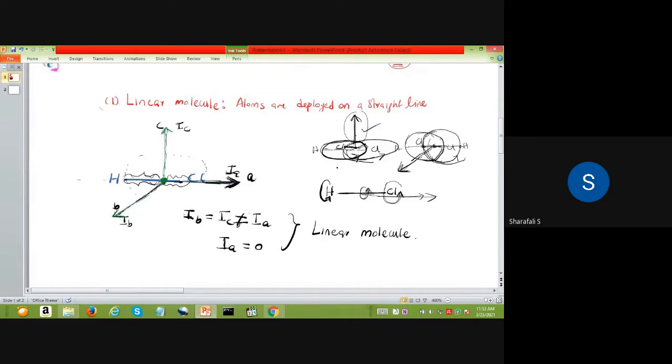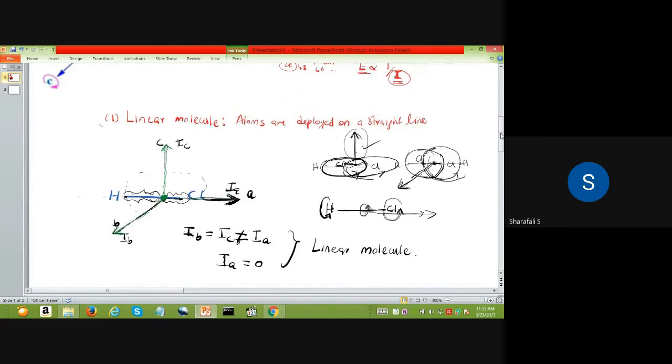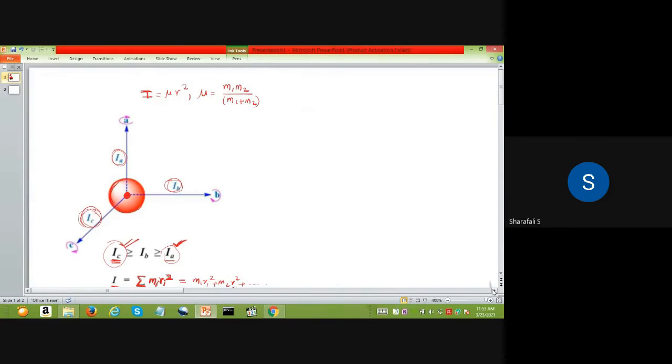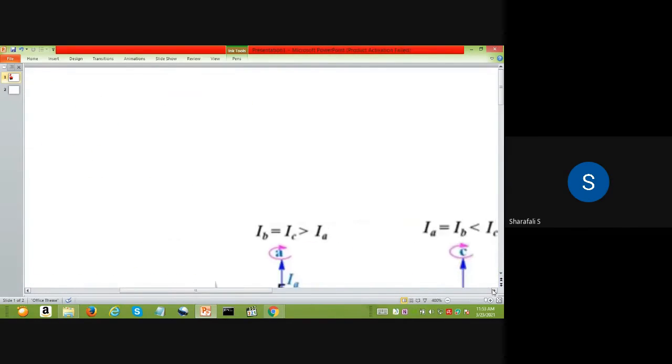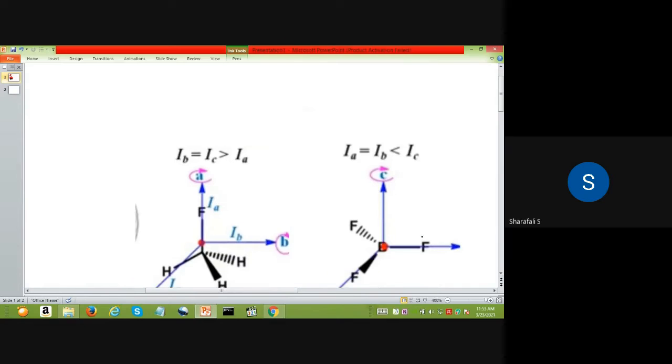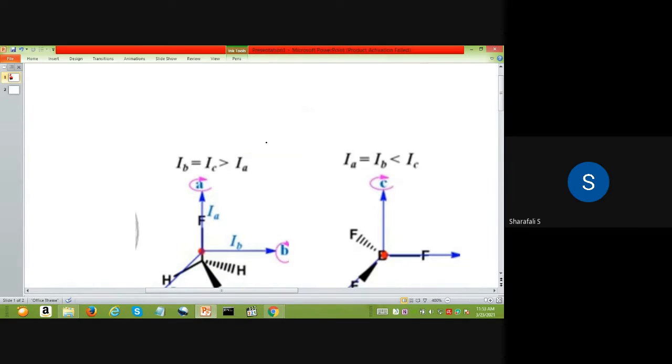Now there is another set of molecules, the second class, which are symmetric top molecules. In the symmetric top molecule case, we have two different kinds of them.